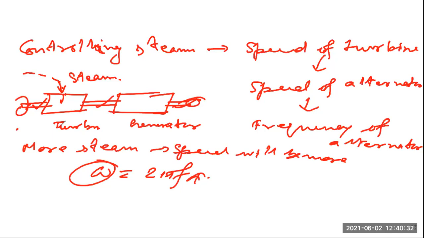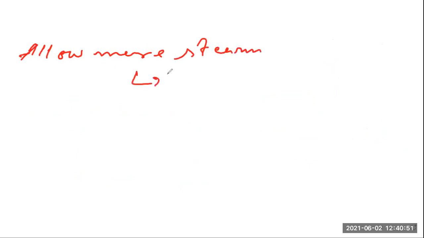Yes, sir. Now, why do we need to control this steam? Because if we allow more steam, now I will discuss one more thing. If you allow more steam, you are actually spending more fuel.